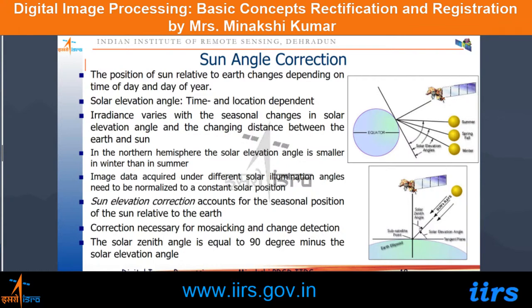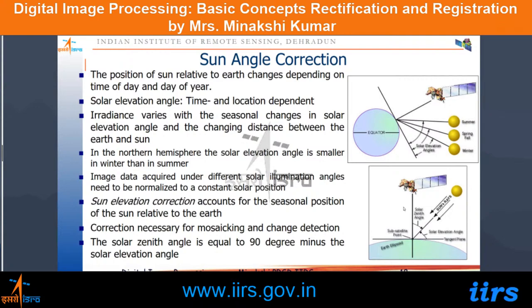I am saying that I need to remove the effect of solar elevation as if the sun was totally overhead. That angle is called the solar zenith angle, which is 90 degrees minus the solar elevation angle.